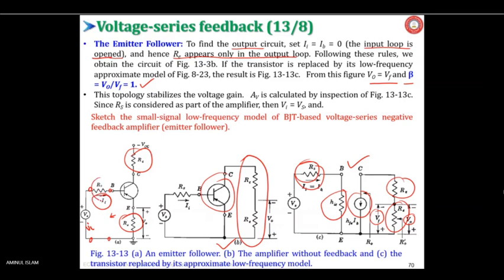If I consider this as part of the amplifier, then only it is possible. Of course, we know that it is a source resistance, but we are considering it part of the amplifier, then VS equals VI. Yes or no? Yes, sir. Hence VI equals VS.